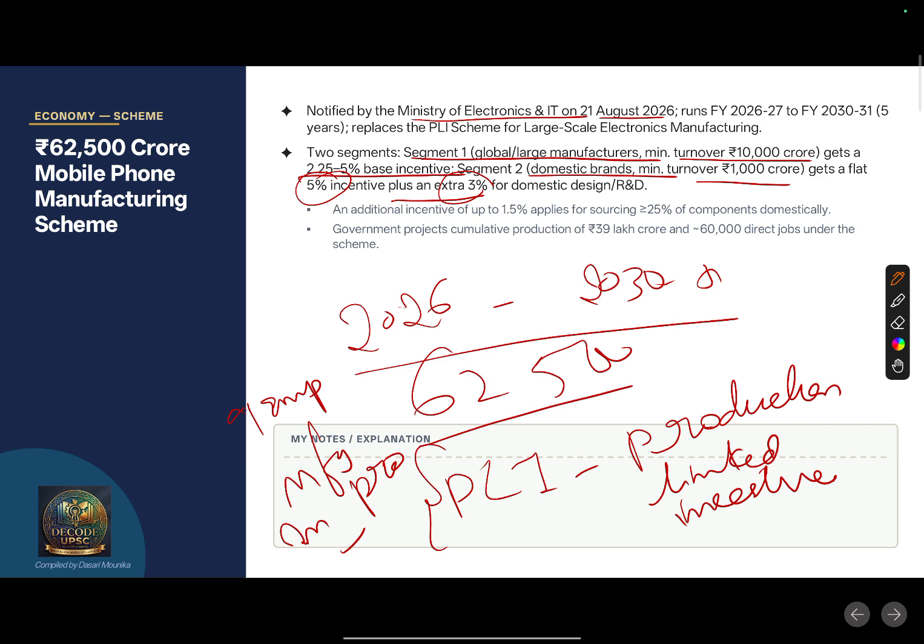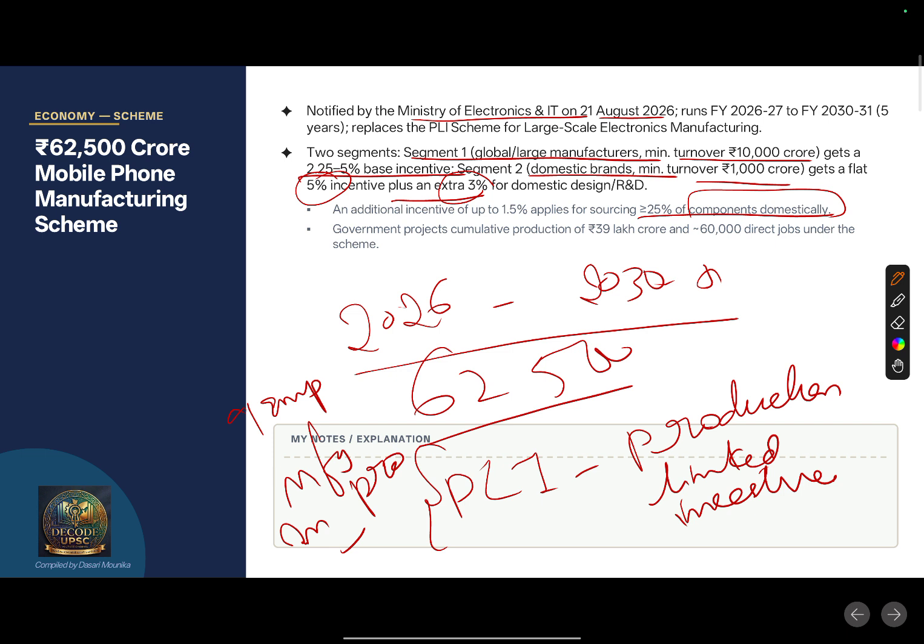The scheme also provides additional incentives linked to sourcing at least 25% of components domestically. So this brings us another important concept, domestic value addition. Making the final product in India is good, but using more components produced within the geographical boundaries of our country can deepen the manufacturing ecosystem even further.